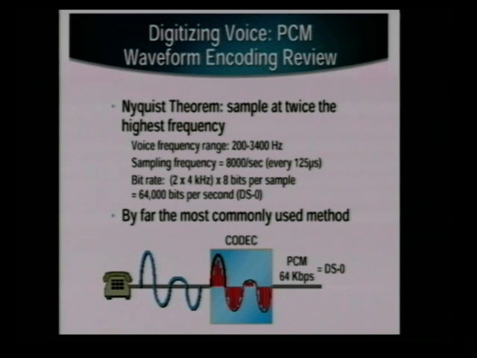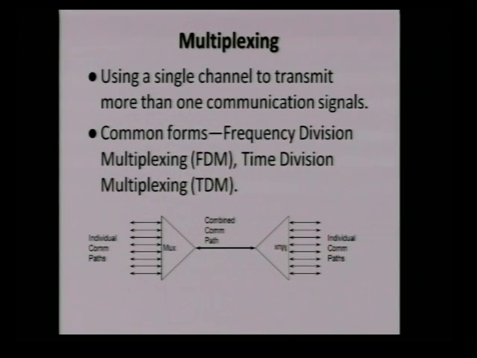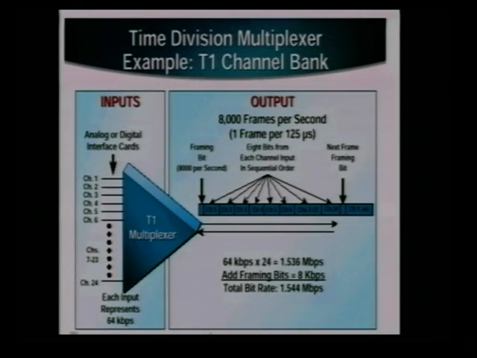Digitization is also shown, which I have already explained with the help of examples, that is, how you digitize a speech signal. This I have already explained: multiplexing, where you can use a single path to transmit multiple signals. Then 8,000 frames in a single second.